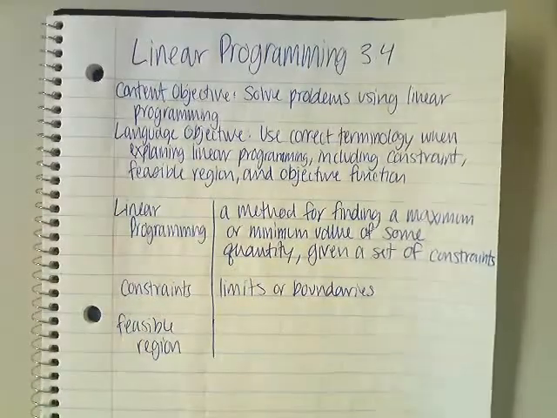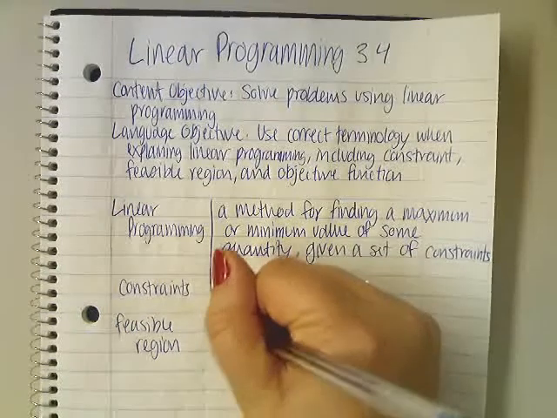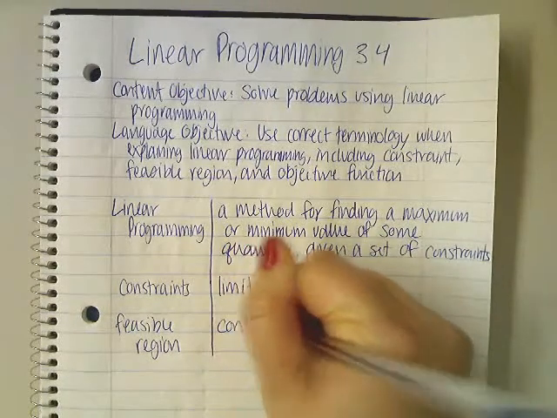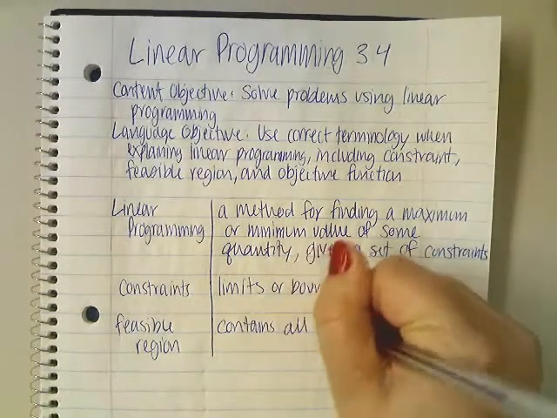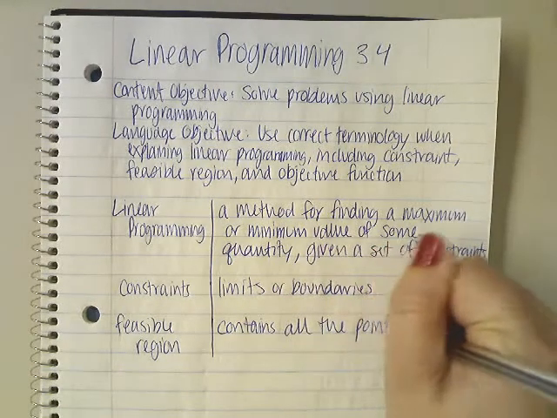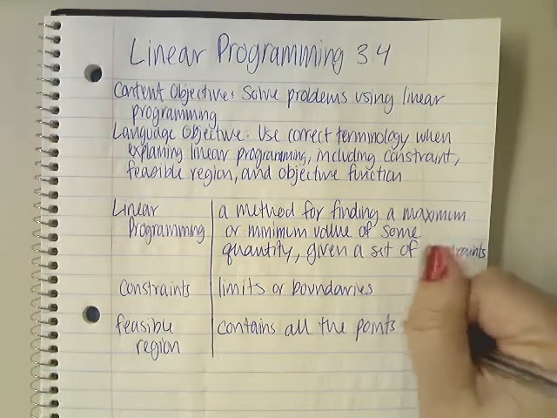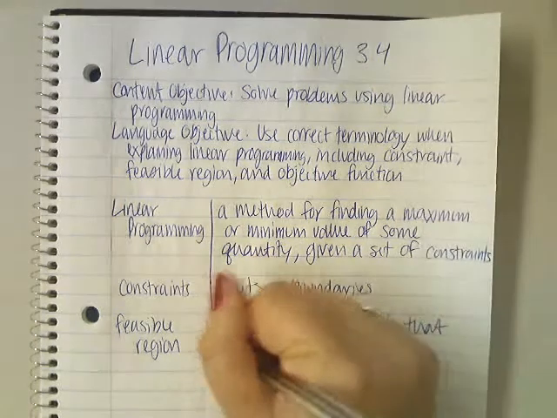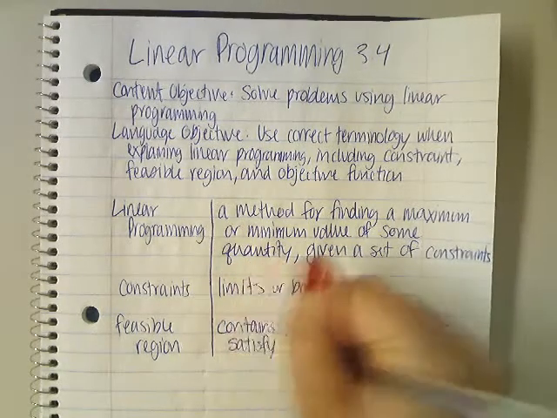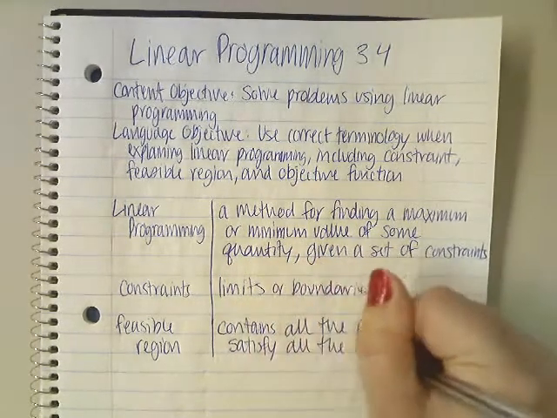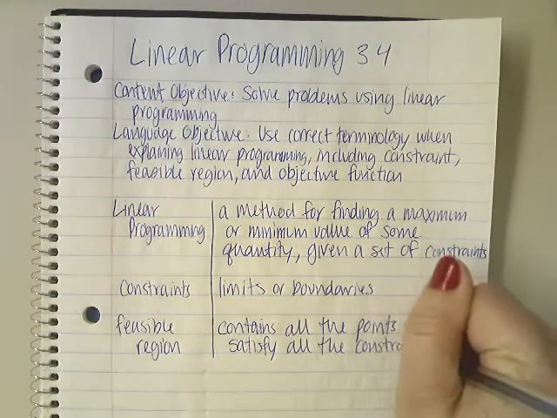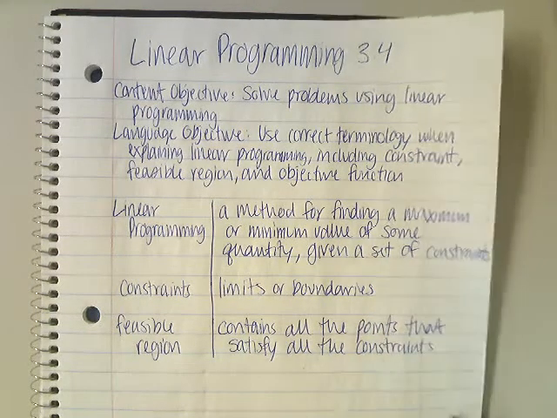So given these constraints, a feasible region will be created, which contains all the points that satisfy all the constraints. So this is going to be relevant when we're talking about certain word problems.